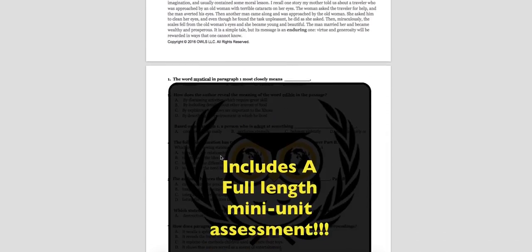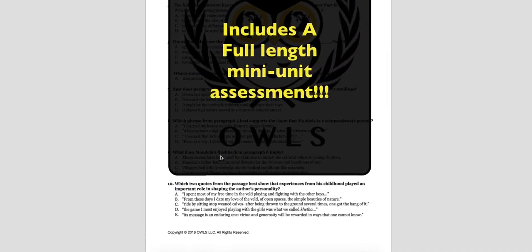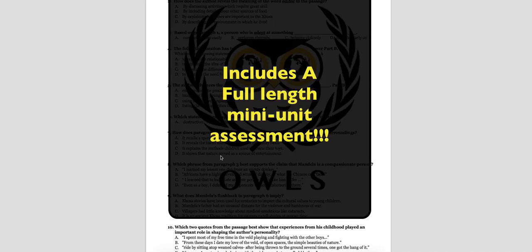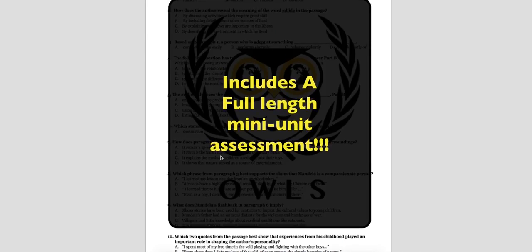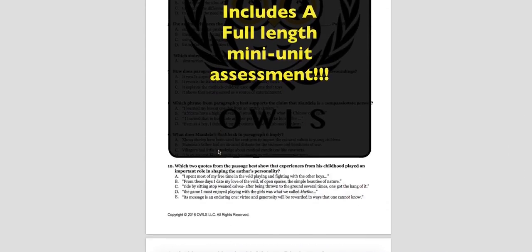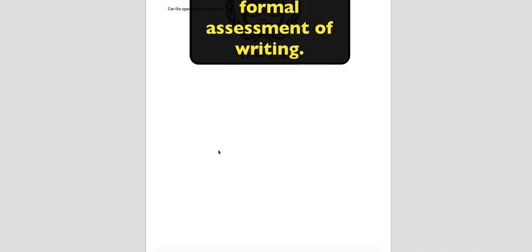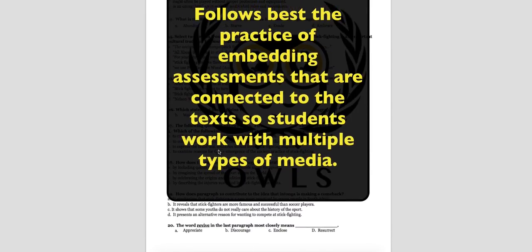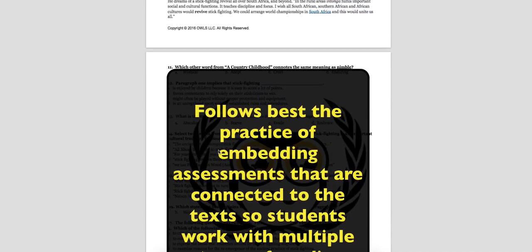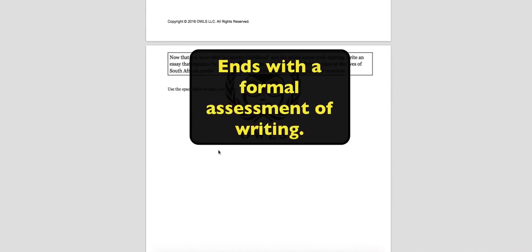There is finally a unit assessment, a full-length unit assessment that includes different reading activities and tasks. So they're not all multiple choice, just like most of the assessments that we're starting to see with Common Core are not going to all be multiple choice. There are some opportunities for them to do other things as well, including citing evidence.